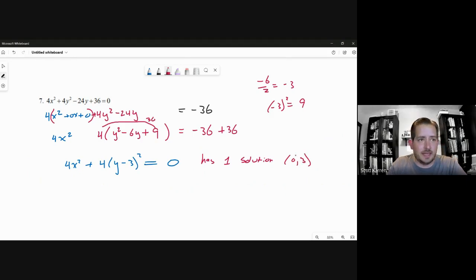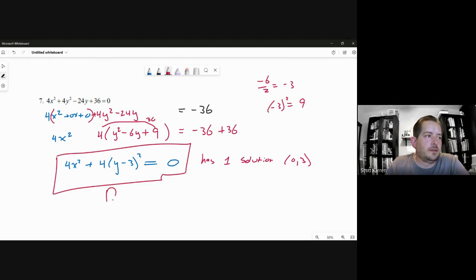That's it, because that is the center. So that center is the only point because that's the only point that has a distance of 0 from that center point, right? So that's what a degenerate looks like in algebraic play.